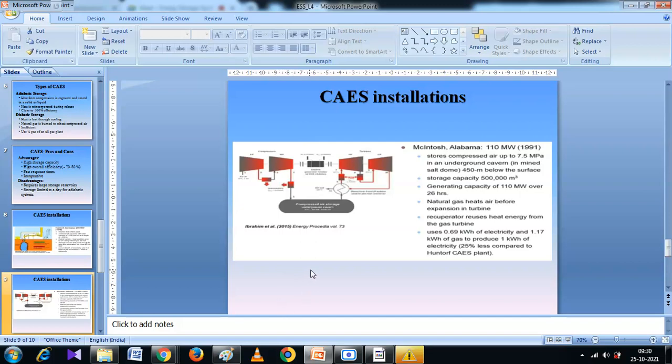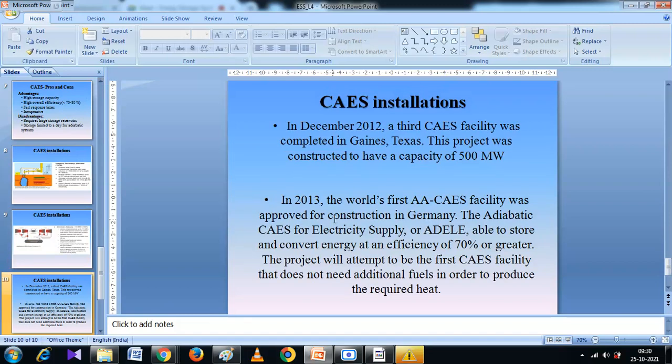This is the second which we installed. The third one, in 2012, is in Texas, and its capacity is 500 megawatt. And the first advanced adiabatic compressed air plant was constructed in Germany in 2013, by which we can increase the efficiency of the compressed air energy storage system.